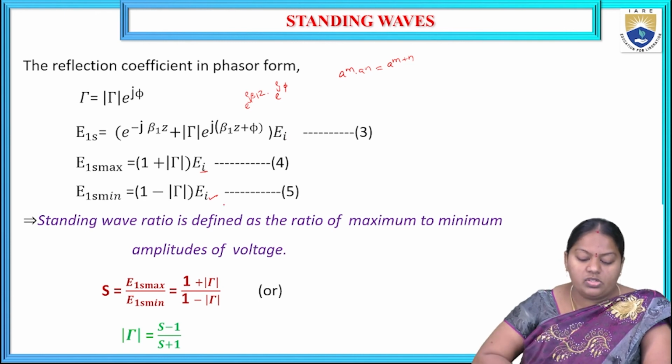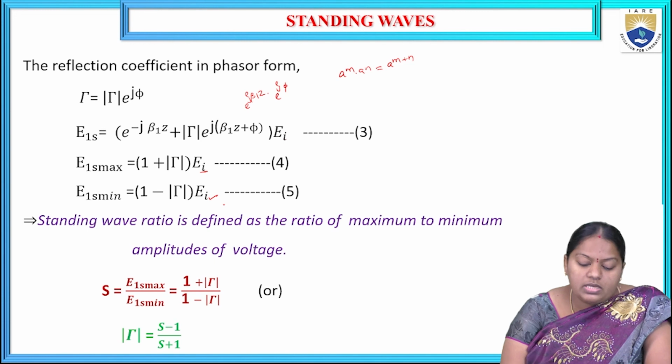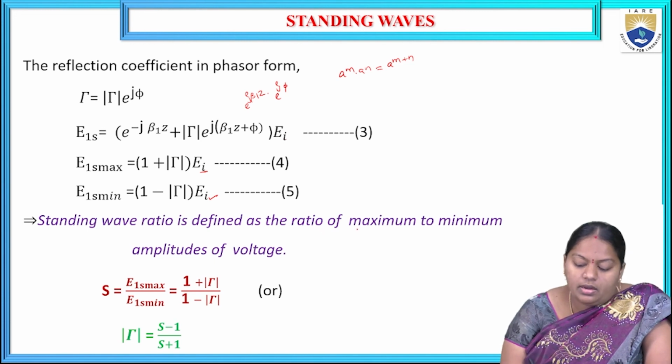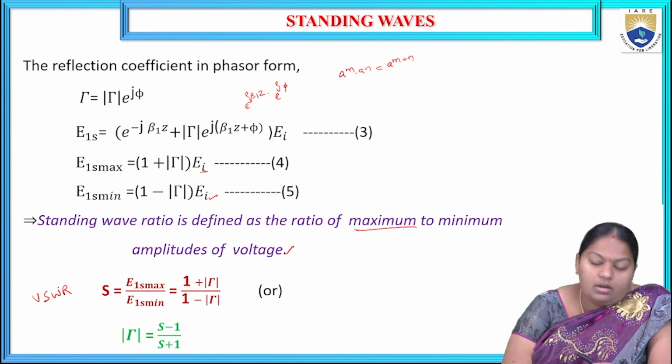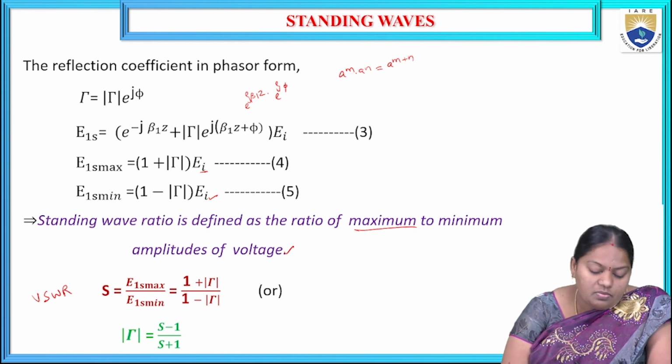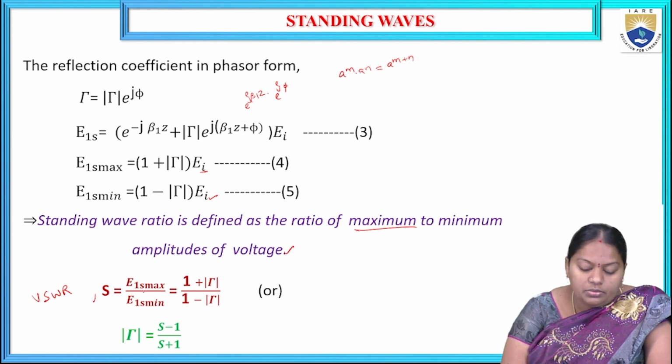Now, to get the equation for standing wave ratio: it is defined as the ratio of maximum to minimum amplitudes of the voltage. Hence it is given by VSWR, voltage standing wave ratio, denoted with S, equal to E1s maximum by E1s minimum.